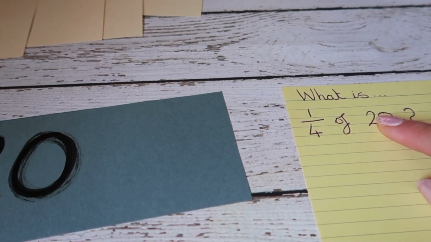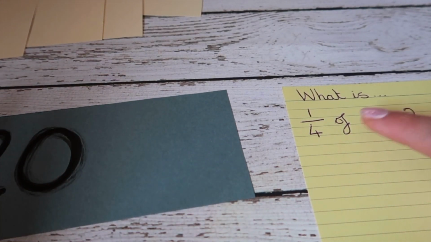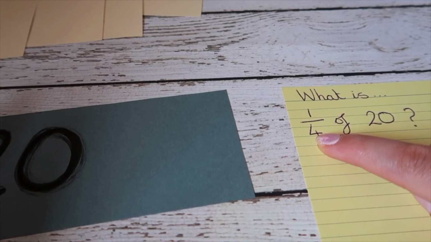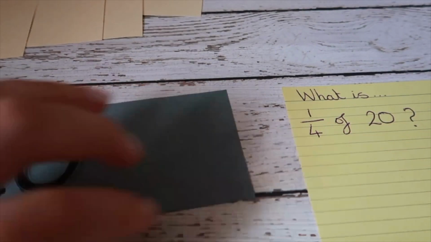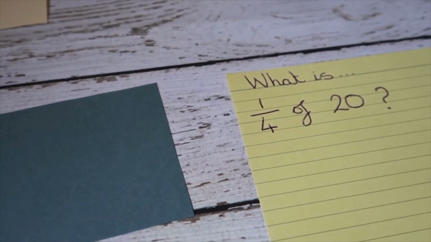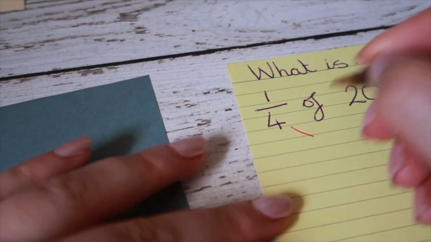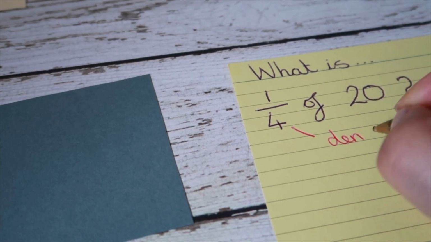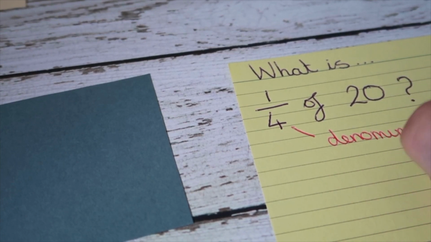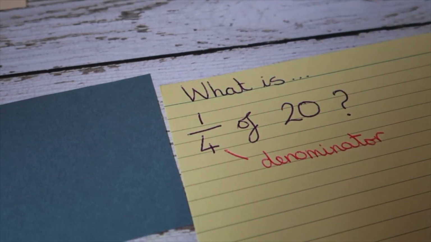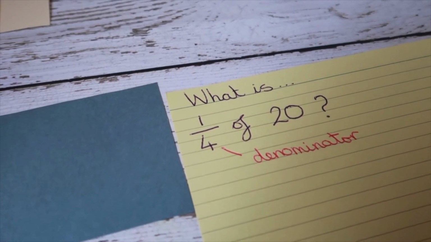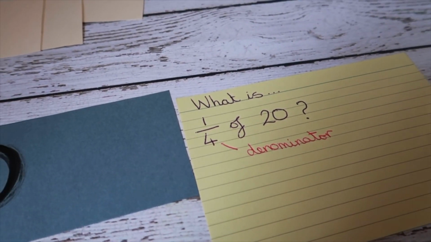So what I need to do is have a look and see what the denominator in the question is. And that says 4. So 4 equal parts. And that's why I've got 4 pieces of card to cover up my one whole, my 20. So we call that 4 a denominator, which is the bottom number, or the bottom digit in the fraction. Okay, so back at the question, we've got 1/4 of 20.